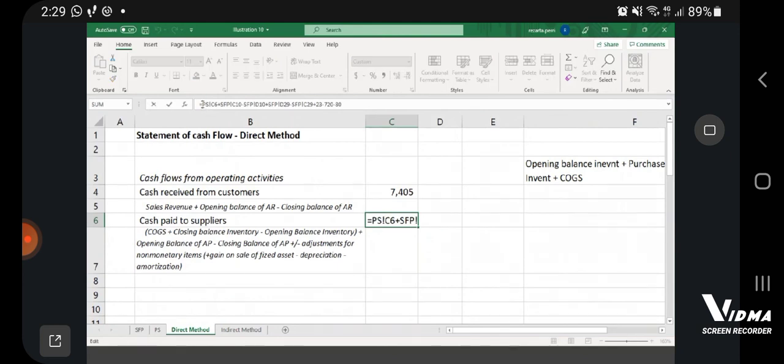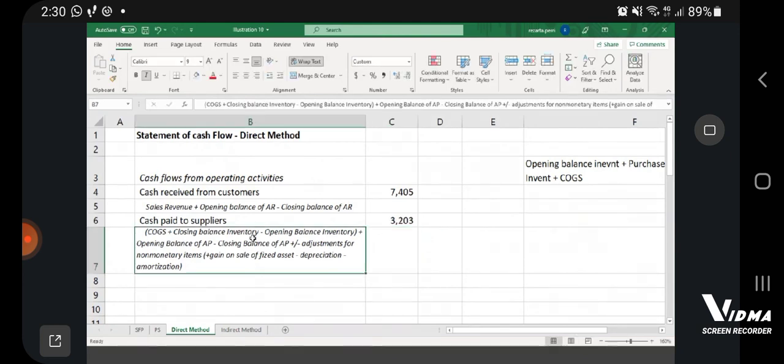Again, we start with the cost of goods sold. Then we add the closing balance of inventory and deduct the opening balance. We do this in order to calculate the purchases of inventory. Then we make the adjustments related to the trade payables. And then we take into consideration the adjustments related to non-monetary items.